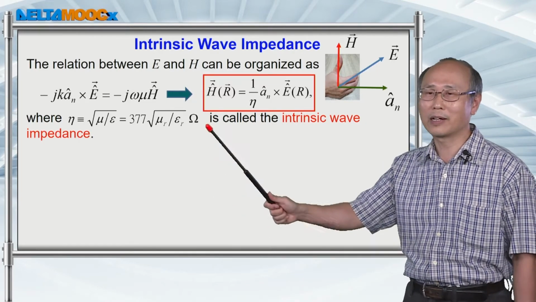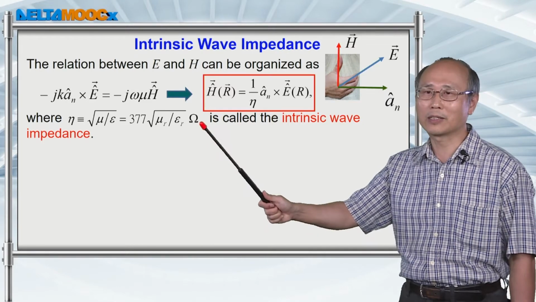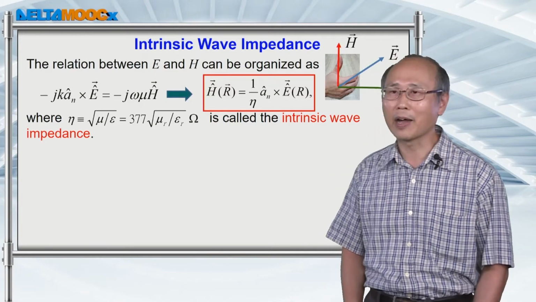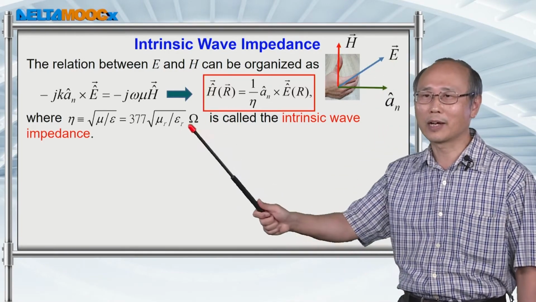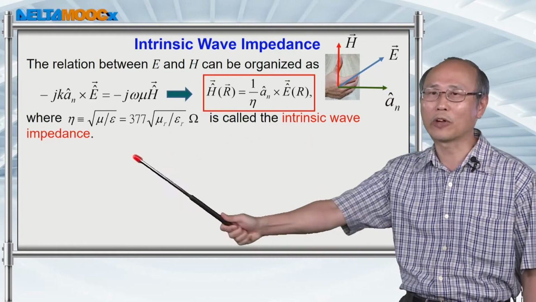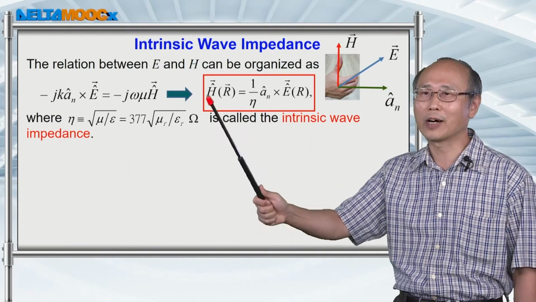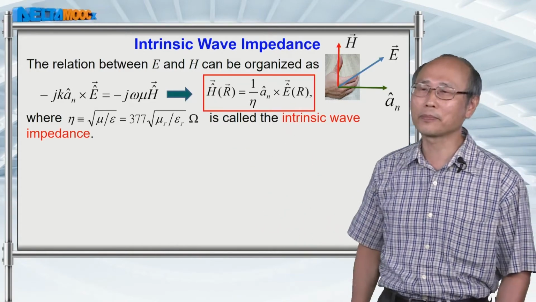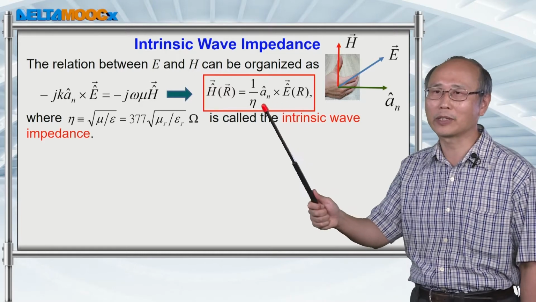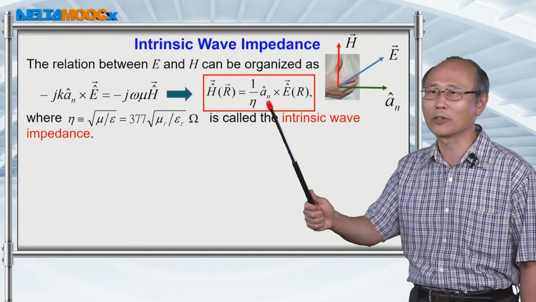The unit of this ratio is ohm, just like the unit of V divided by I. So we call this factor the intrinsic wave impedance, which gives you the ratio of H to E. And this expression also tells you the directional relationship between H and E and also K.